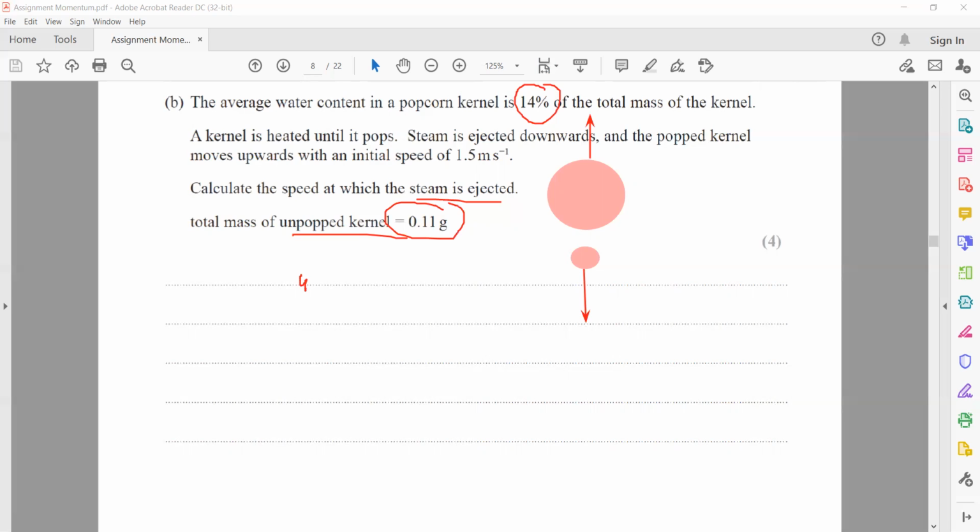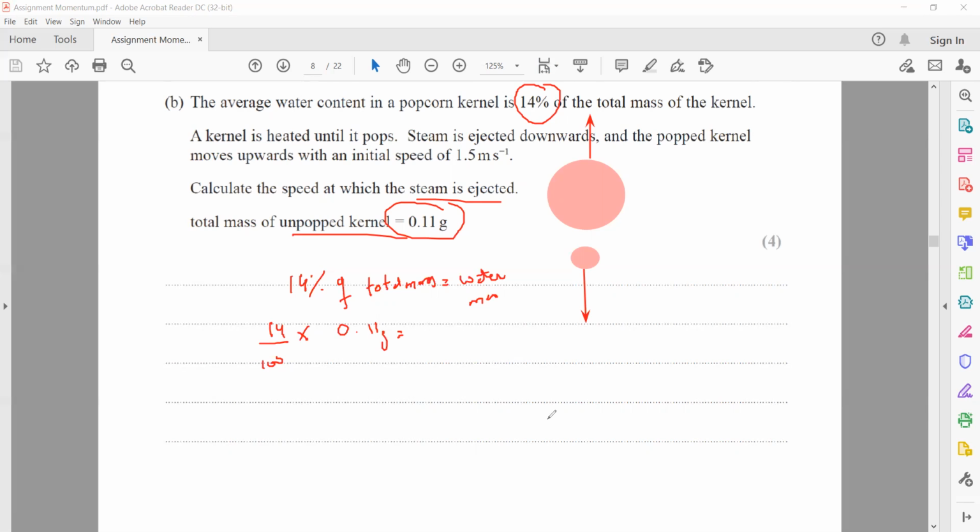So 14% of total mass is equal to the mass of water. So when we take 14%, it will be 14 divided by 100 into the total mass, which is given as 0.11 gram.